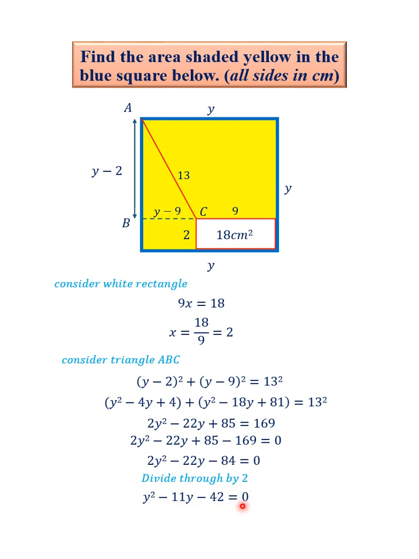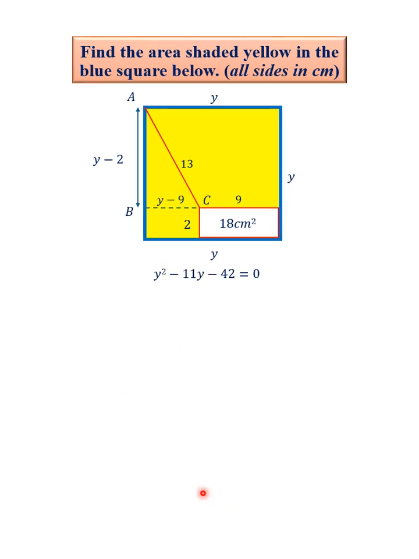Now we have a quadratic equation and we're going to solve it to obtain the value of y. This is the quadratic equation. Let's factorize. This becomes y squared minus 14y plus 3y minus 42 equal to 0. The factors are negative 14 and positive 3. Minus 14y plus 3y will give us negative 11y. Of course, minus 14 times 3 will give us minus 42.